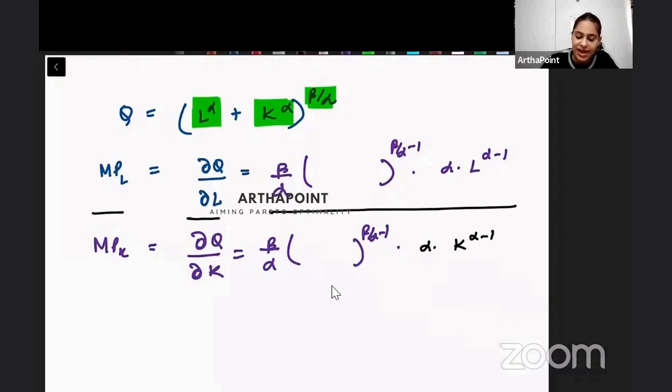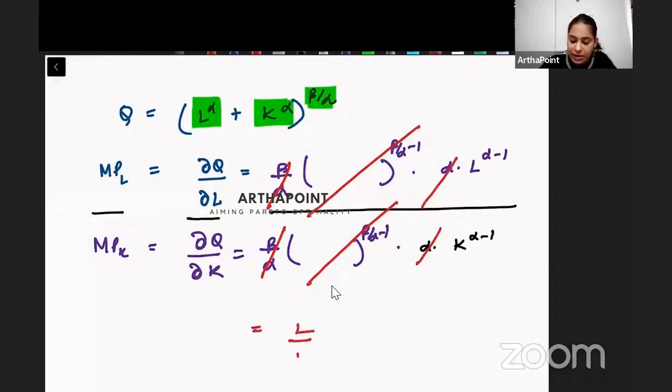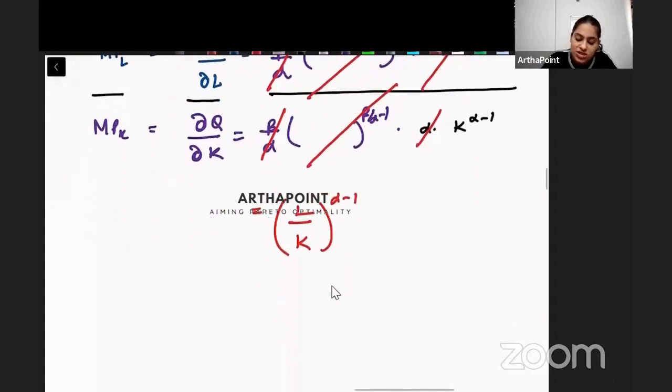You will notice that all of this will cancel out. You will only be left with (L by K) to the power α minus 1. So don't worry about these big production functions. 90% of those things will get cancelled once you apply the chain rule, right? So this is my MRTS.